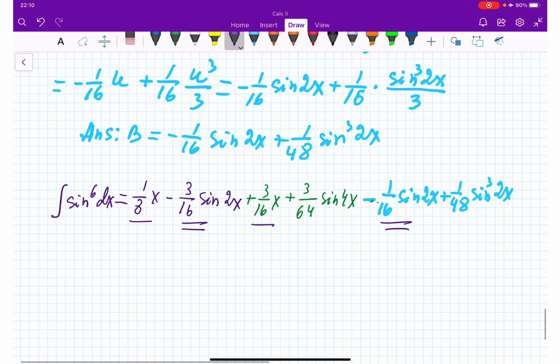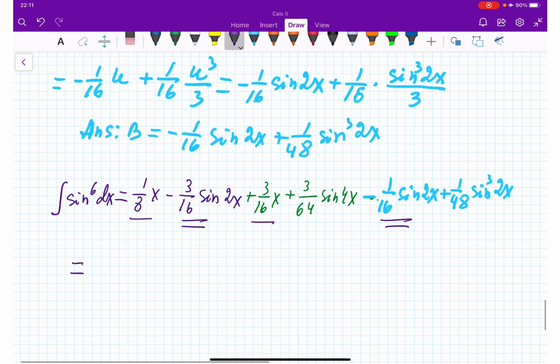If we combine x and x, with common denominator 16, this is going to be times 2, and I am getting 2 plus 3, I'm getting 5 over 16x.